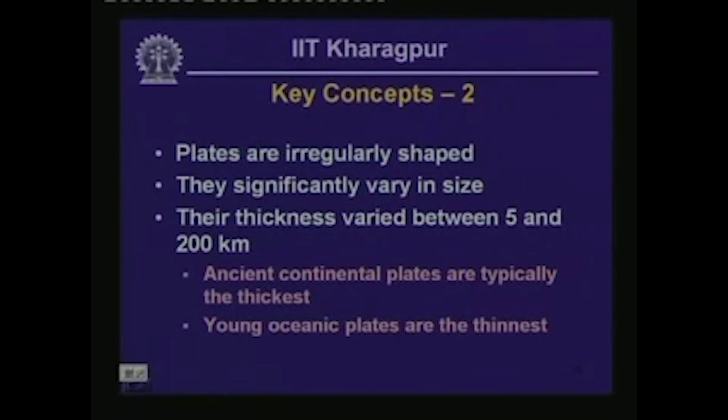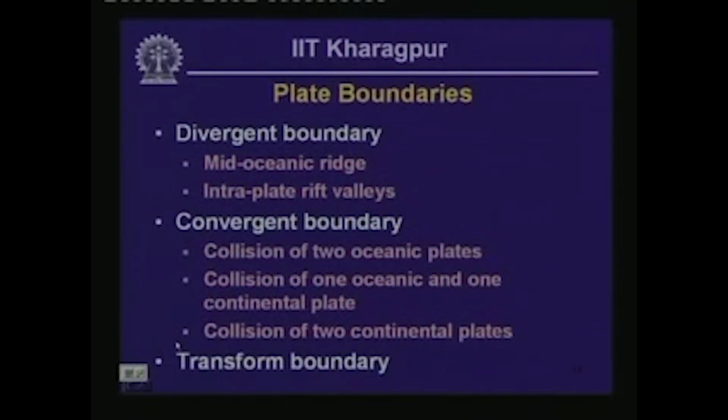Ancient continental plates are typically thickest, and young oceanic plates are typically the thinnest. And that is quite obvious, because where the plate is thin, at those areas magma which is underneath the plates can find its way onto the surface of the earth, and that constitutes the spreading boundary as we have seen earlier.